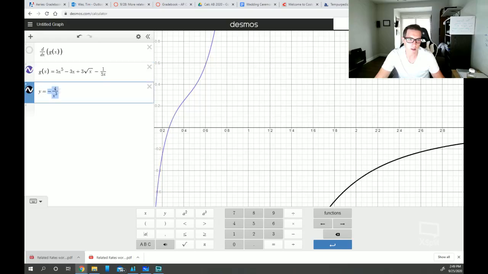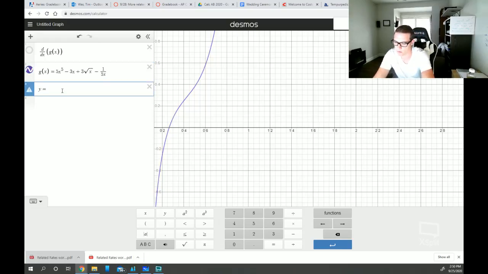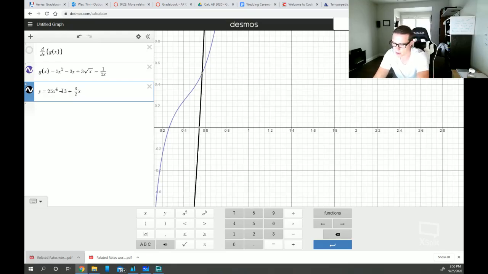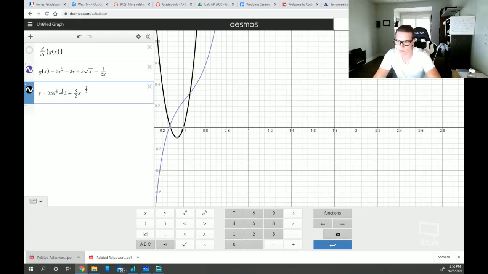The derivative that we just found was 25x to the 4th minus 3 plus 3/2 x to the negative 1/2, I'm literally just going to be lazy and keep it as it was, plus 1/5 x to the negative 2.